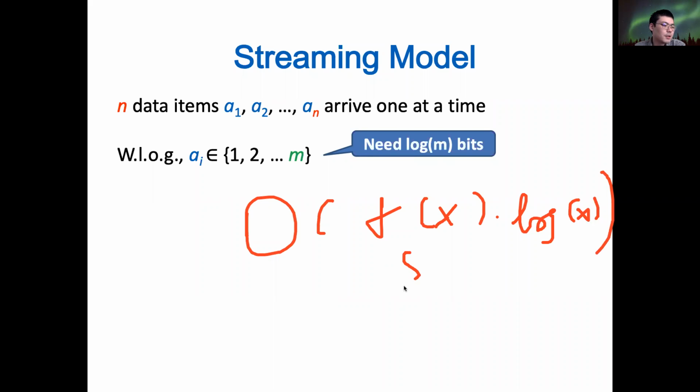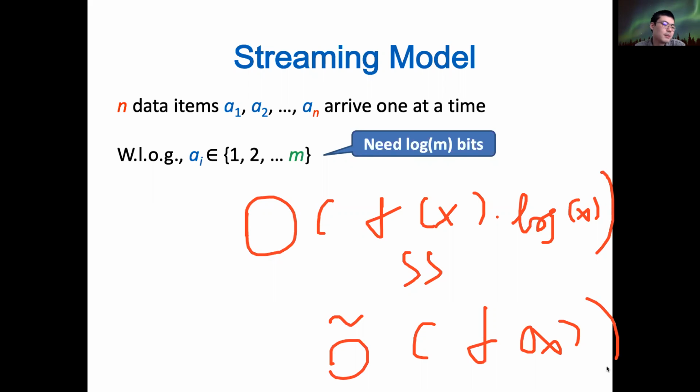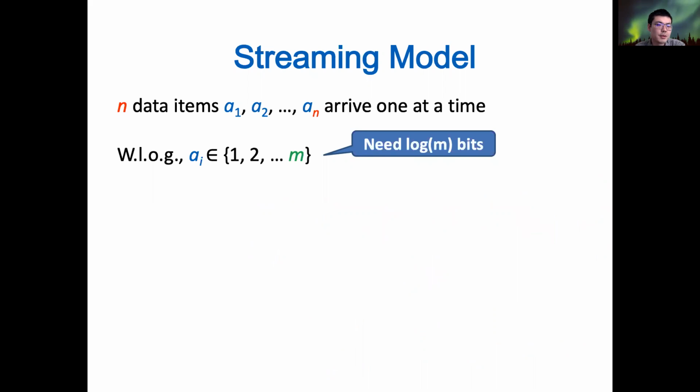You can approximately write that this space is approximately equal to f(x), with a tilde here. So really, because we choose this log n as a word, it's a constant. But for this case, you will see a tilde. That's just for notation purposes. Any questions so far about this?